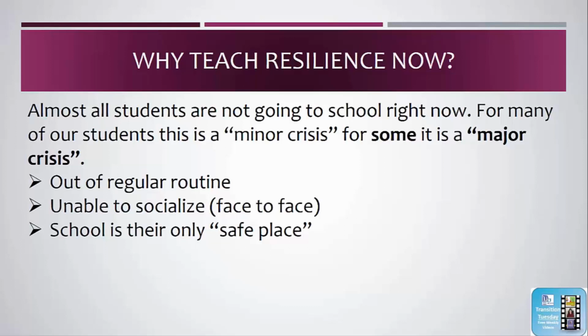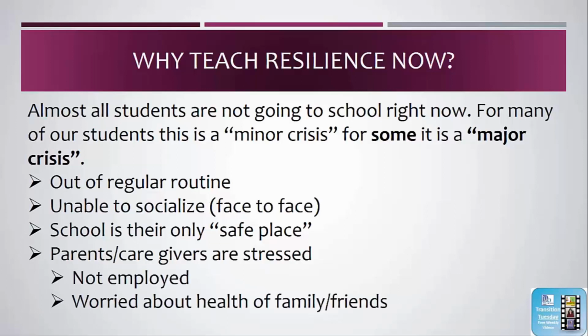We know that some of our students live in neglectful or abusive situations, and school is their only place of refuge. Another reason is that many parents and caregivers are stressed. This could be because they have lost their job due to the COVID-19 pandemic, and they have no other resources to pay their bills, or that they're worried about health of family and friends.